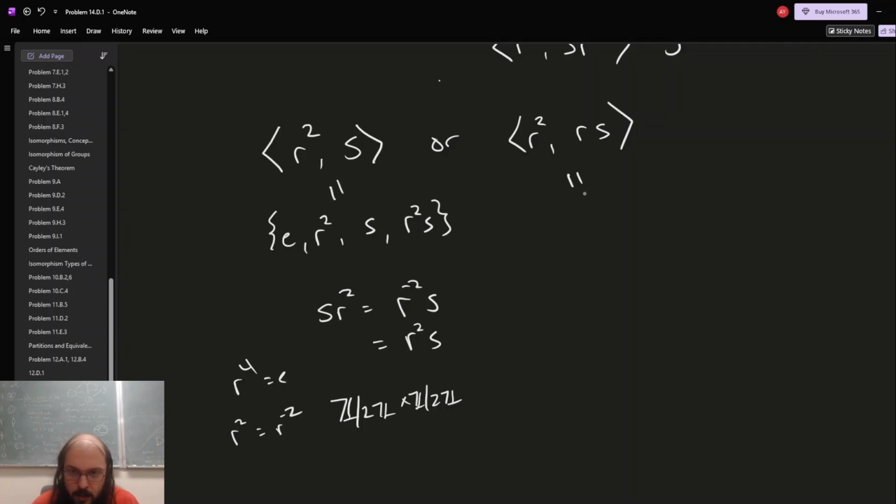Very helpful. And this one has E, R squared, RS. And I guess we can multiply these together and get R cubed S. And I'm actually wondering if I can simplify this, because this is not evidently the same thing as one of these guys.